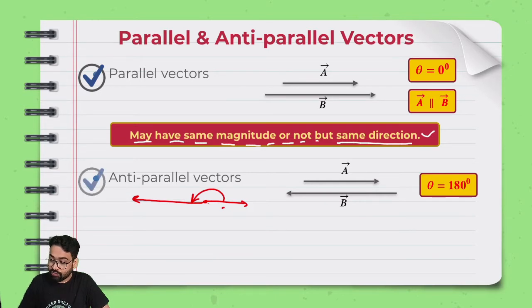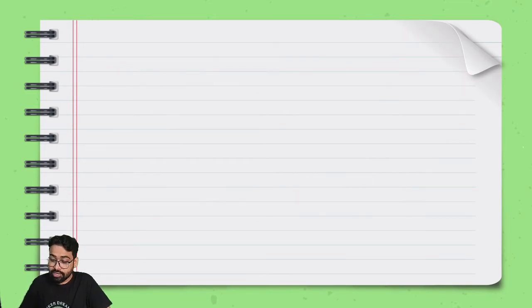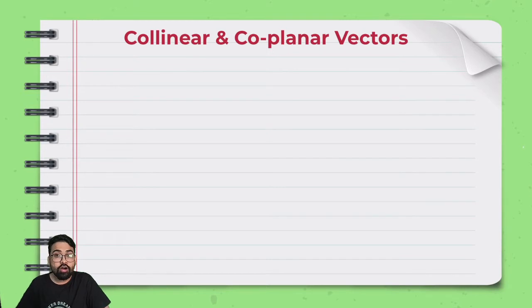The next thing we would like to say here is that they again may or may not have the same magnitude. We are not caring about the magnitude, but the direction is just opposite. So we are done with anti-parallel vectors and parallel as well. Let's take up the next part, which comprises collinear and coplanar vectors.